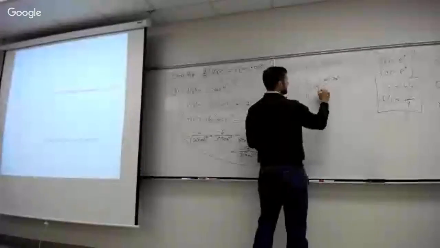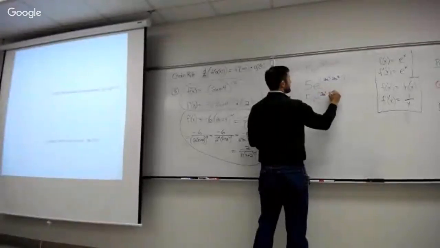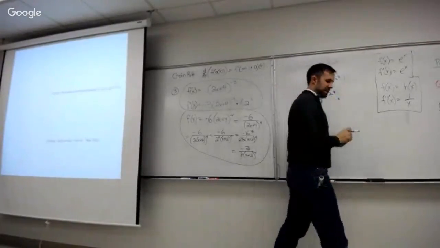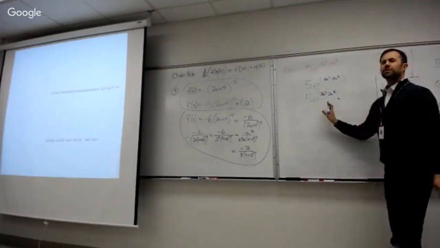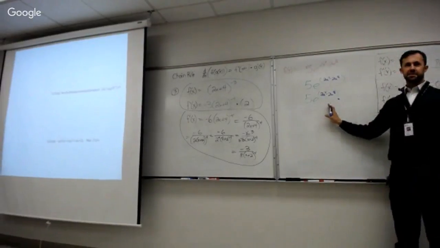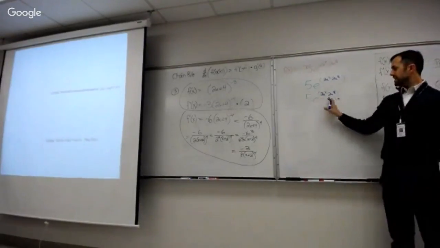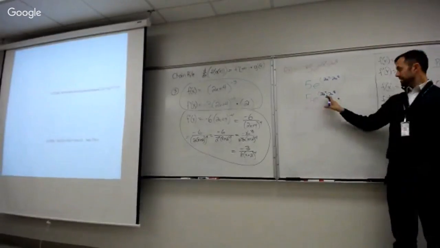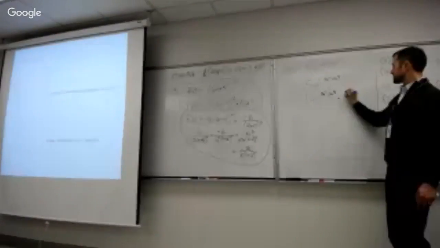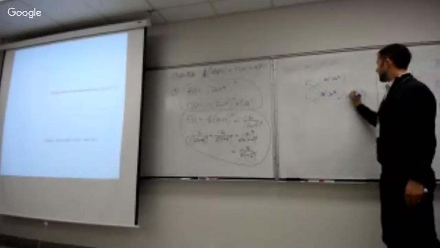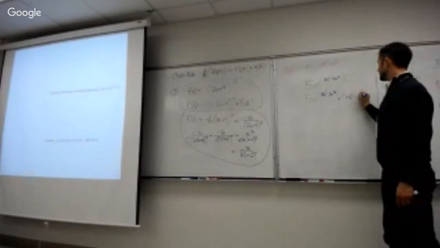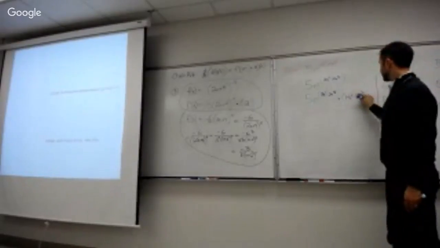We leave it alone. But then we multiply by the derivative of the inside function. I know it looks like nothing happened, and that's because nothing happened. What's the derivative of the inside function? 14x to the 6th minus 16x to the 7th.